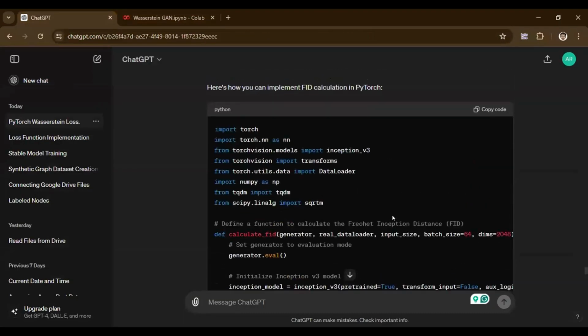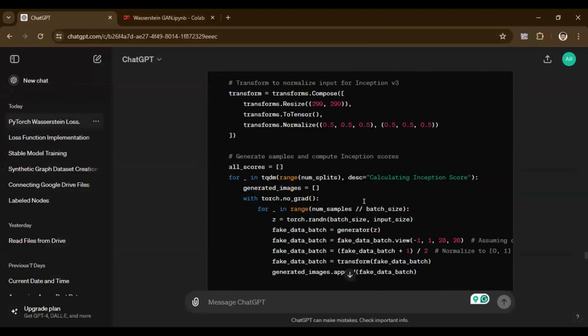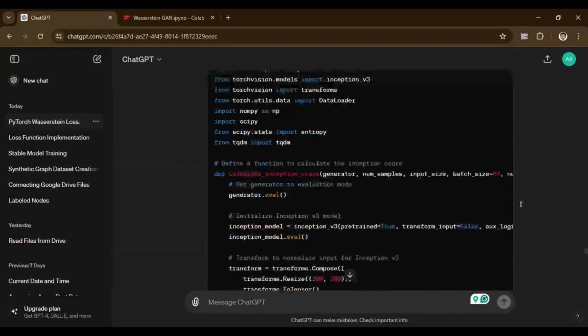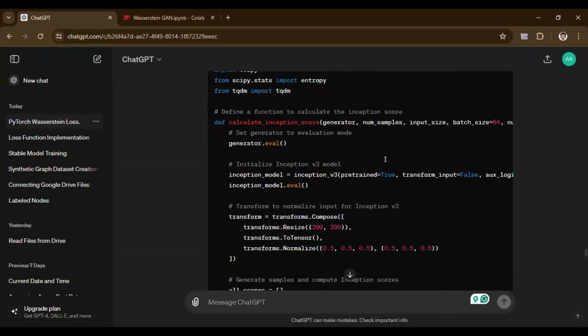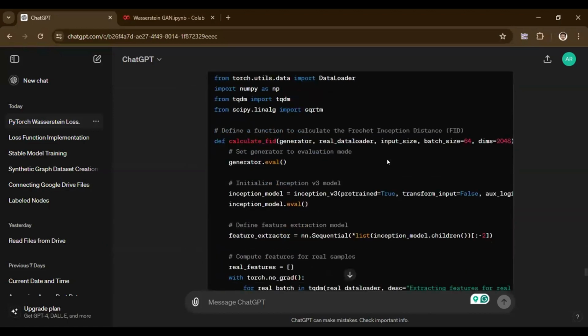The first one is the inception score, and the second one is the Fréchet inception distance.